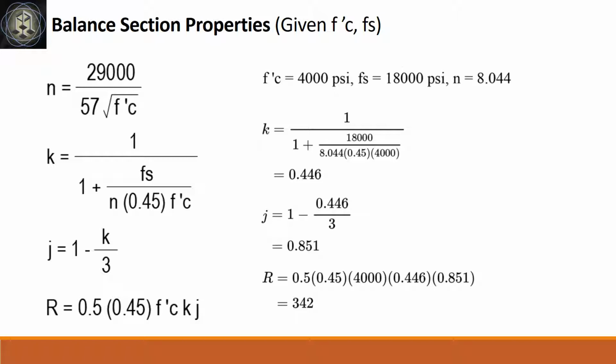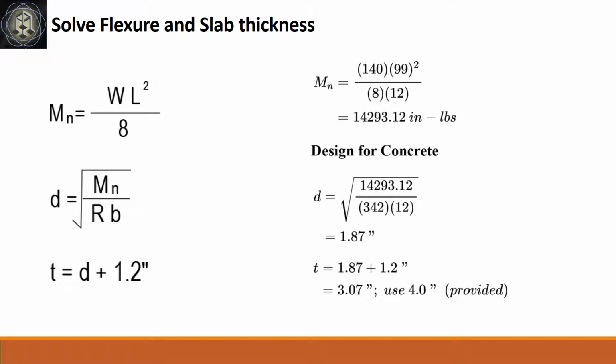Given f'c equals 4000 psi, fs equals 18,000 psi, balance section properties are as follows. n equals 8.044, k equals 0.446, j equals 0.851, and R equals 342. Proceed to flexure and slab thickness.